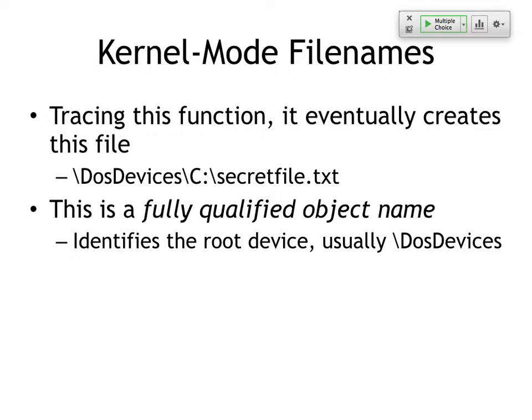I remember this stuff from the old days of boot.ini files. Your boot.ini file had to refer to which volume to boot from with this strange path, and those are kernel paths. So the kernel path is the root of the whole system, DosDevices, then C, then the file. That's how you refer to something from the kernel, because the kernel doesn't have those userland objects like C and D to hang on to. It has to work from the real hardware.